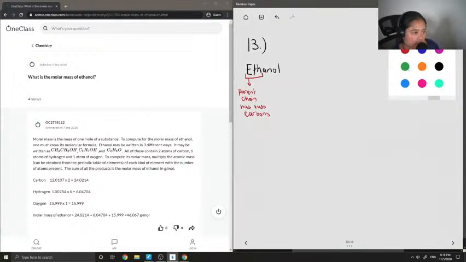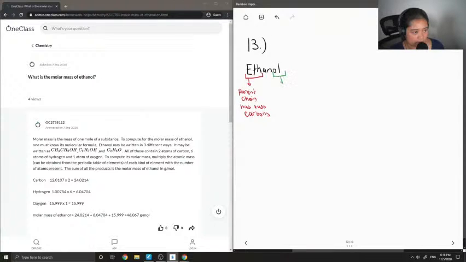And you'll also notice that it ends in -ol. So we also know that it contains 1 alcohol group. Since it doesn't end in diol or triol, it's just a plain ethanol. So we know it contains the 1 alcohol group.